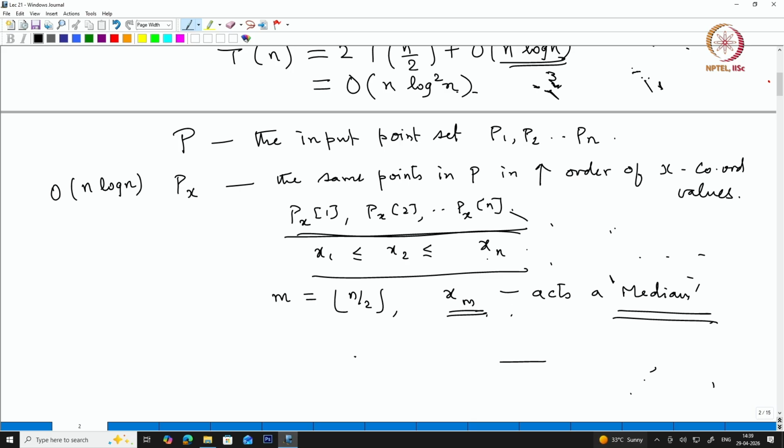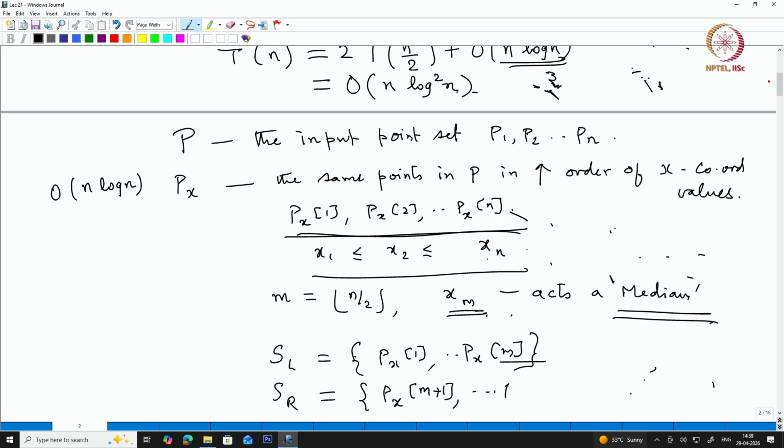Therefore, here SL, or the points on the left, are simply the points Px1 to Pxm, and the set of points on the right is Pxm plus 1 to Pxn.